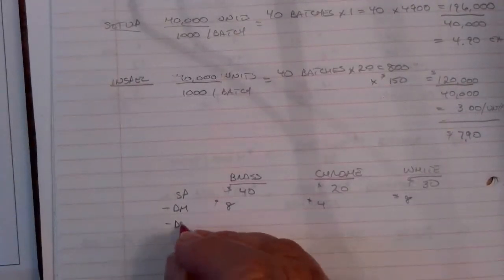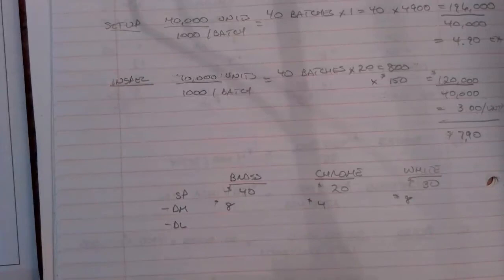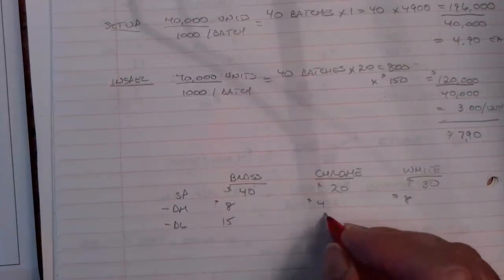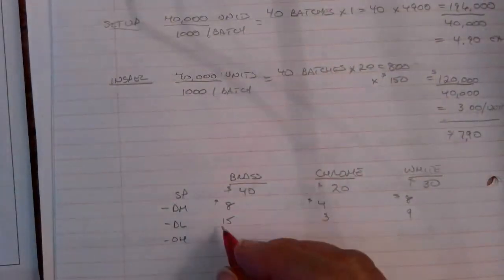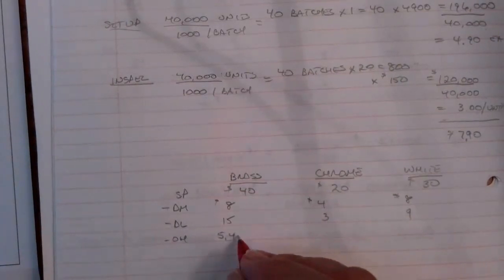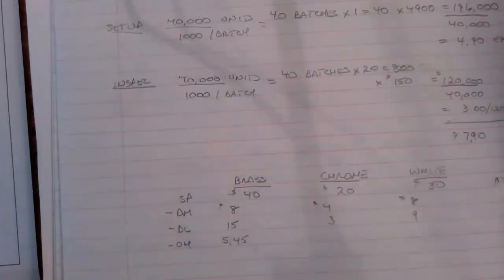And direct labor is 15, 3, 9. And then overhead, our overheads are, our first one is $5.45 for brass. No, not $5.45. $9.40.